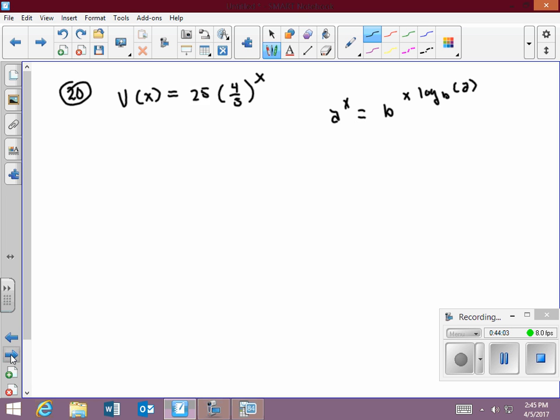So to do this, v of x then equals 25, and I'm going to change this to base e. So b is e, so it's e to the x ln, because that would be log b of 4/5.